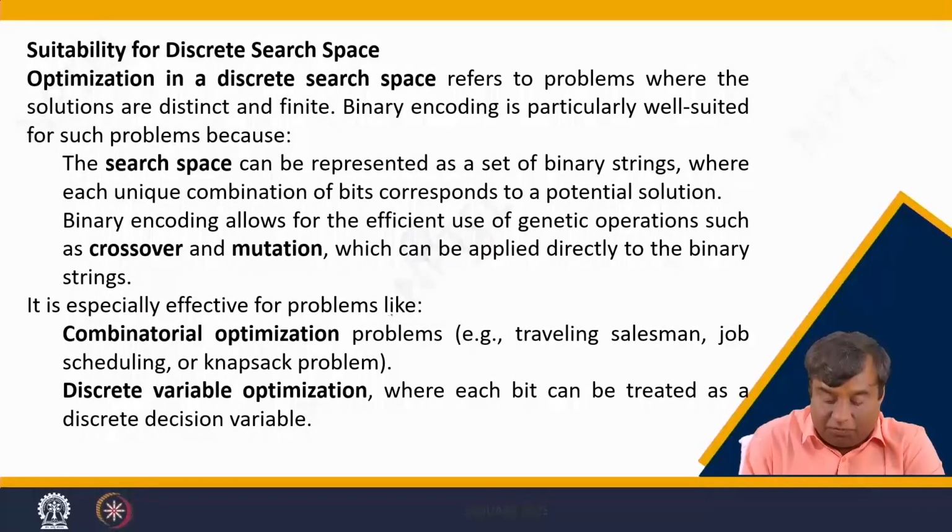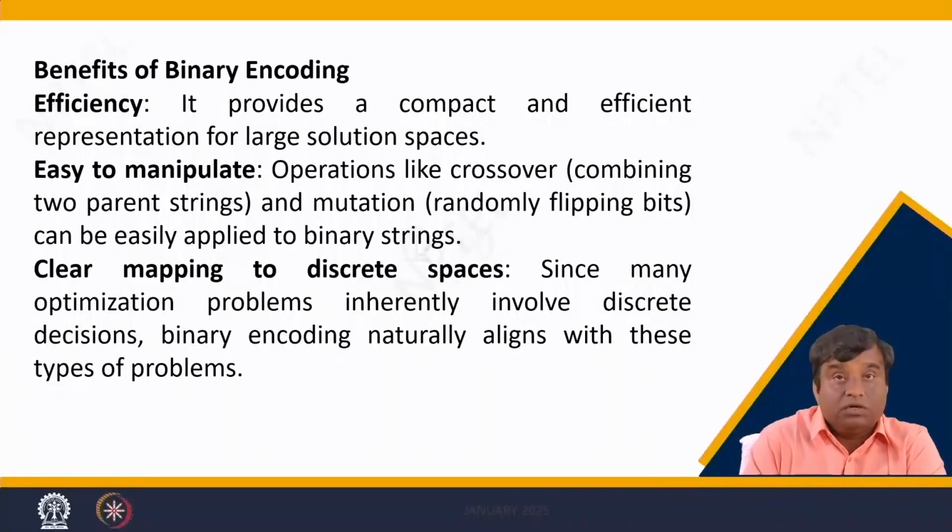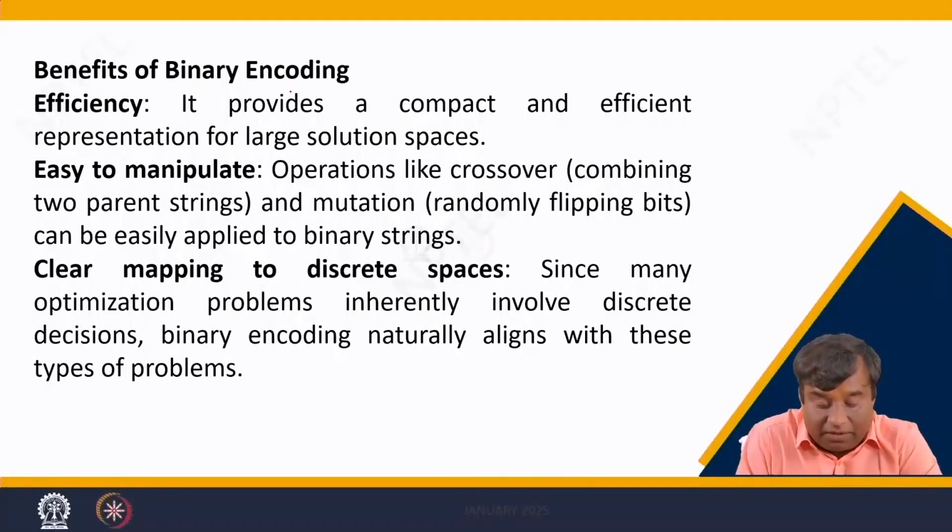It is especially effective for combinatorial optimization problems like traveling salesman, job scheduling, or knapsack problems, and discrete variable optimization, where each bit can be treated as a discrete decision variable. So, benefits of binary encoding. First one is efficiency.